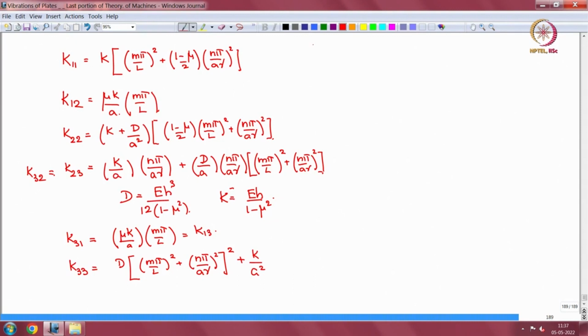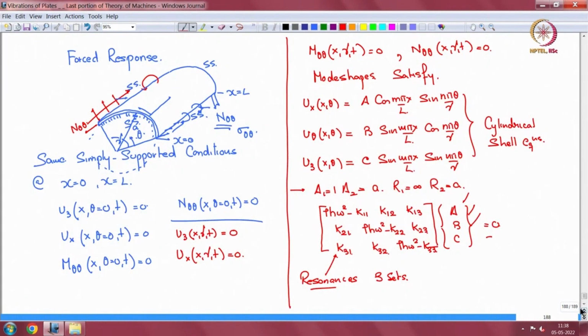So with this set of values, you can go ahead and compute your resonances and mode shapes. And as before, this whole thing together is a mode shape.